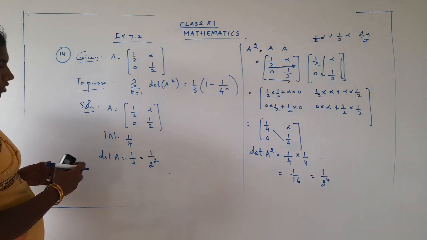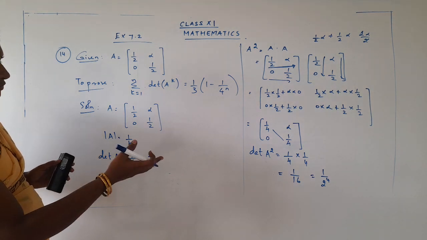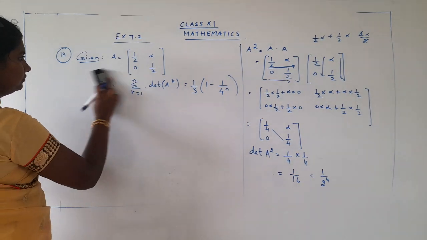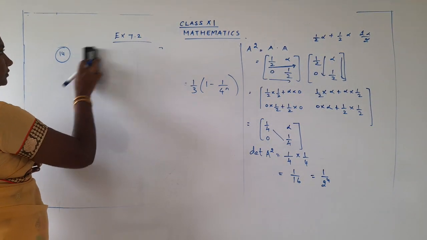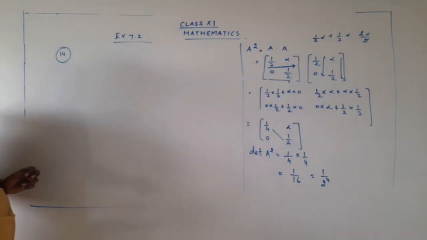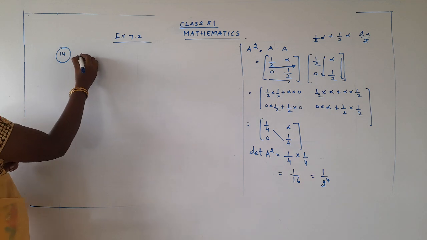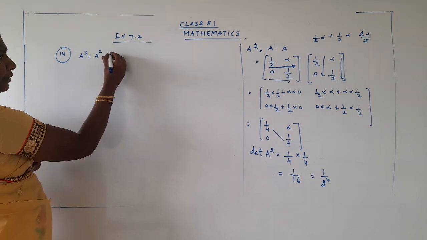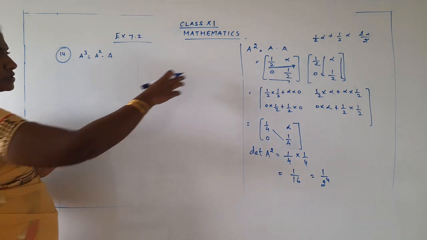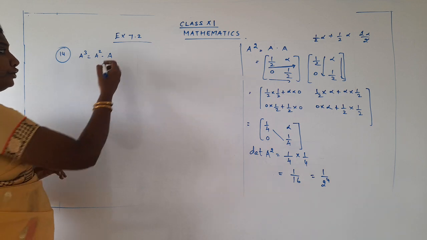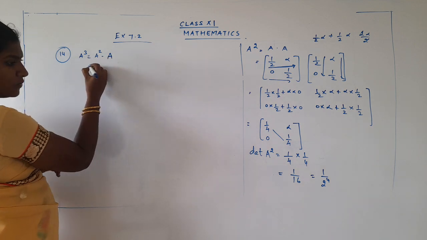So I have to find now A cube. I'll just take the values from there. I have to find A cube. So A cube will be written as A square into A. So A square we wrote as A into A. Similarly, A cube you have written as A square into A. So what is the A square value?